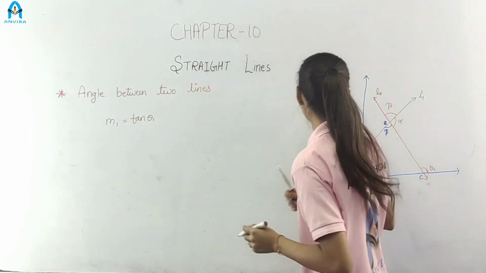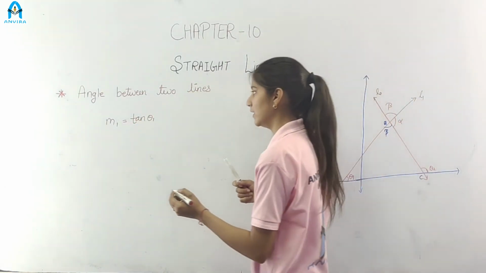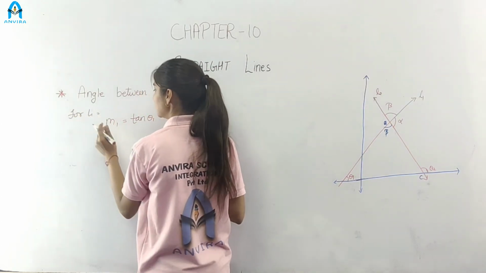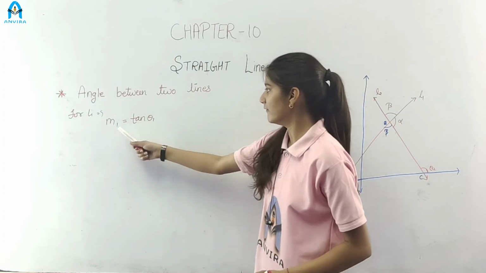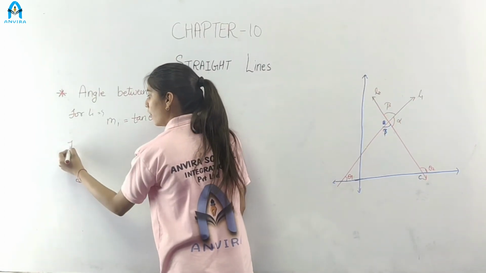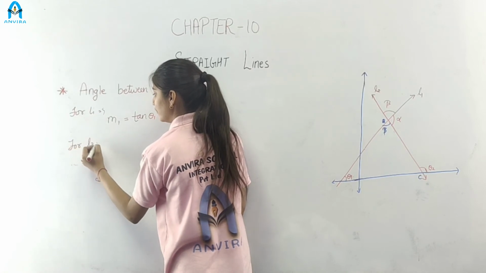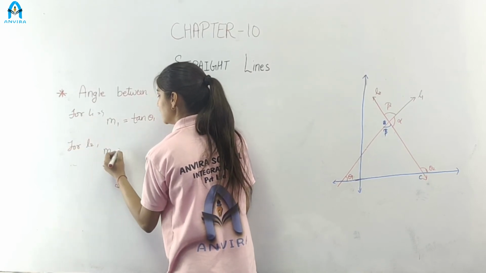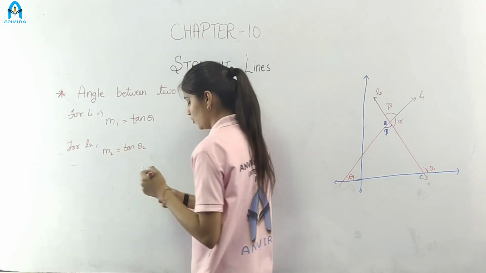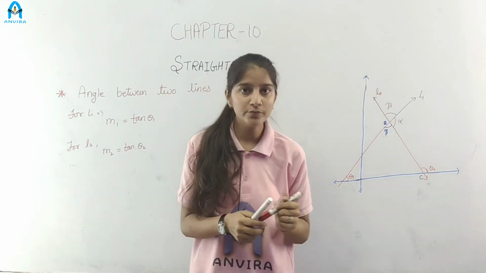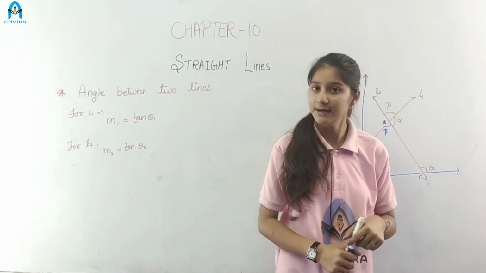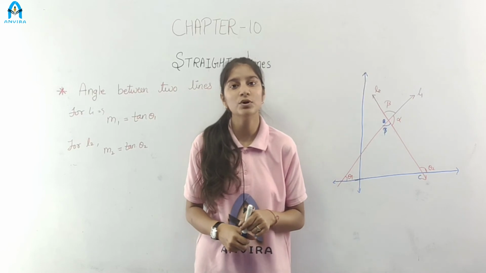So here for line 1, for L1, what is our slope? Our slope is m1 is equal to tan theta 1. Similarly, for L2, m2 is given by tan theta 2. Here the lines are not perpendicular, so we can't apply the condition of perpendicularity.